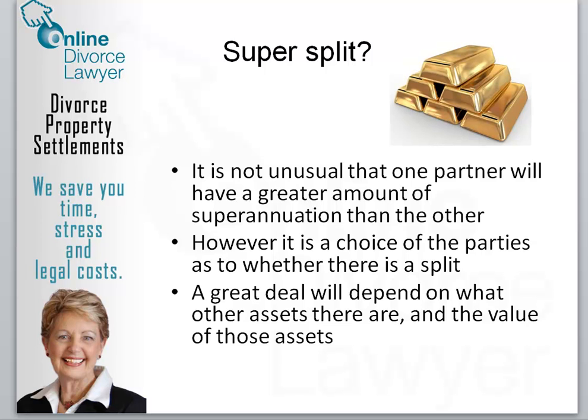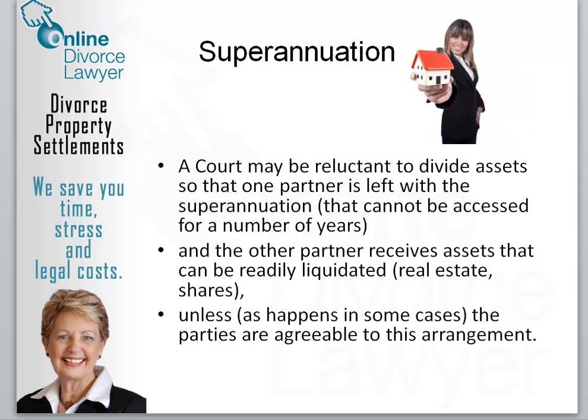A great deal would depend on what other assets there are and the value of those assets. A court may be reluctant to divide assets so that one partner is left with the superannuation that can't be accessed for a number of years, and the other partner receives assets that can be readily liquidated, such as real estate and shares, unless, as happens in some cases, the parties are agreeable to this arrangement.